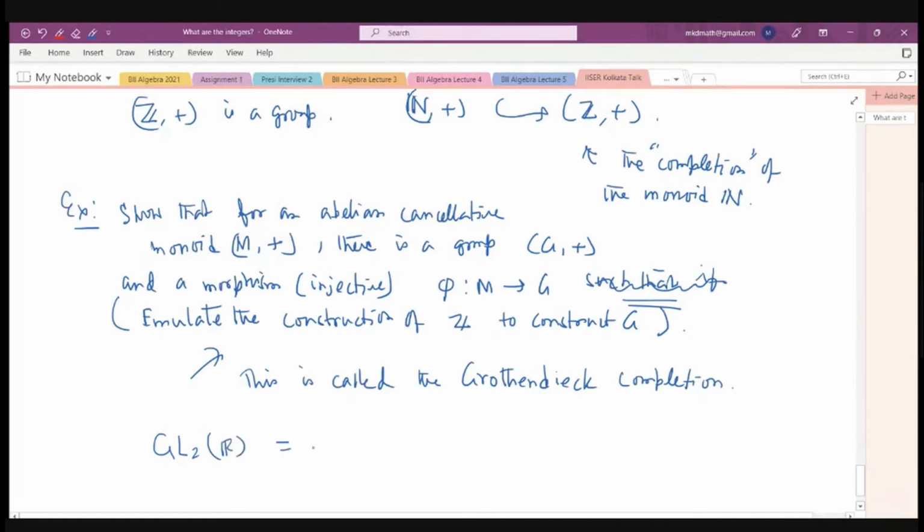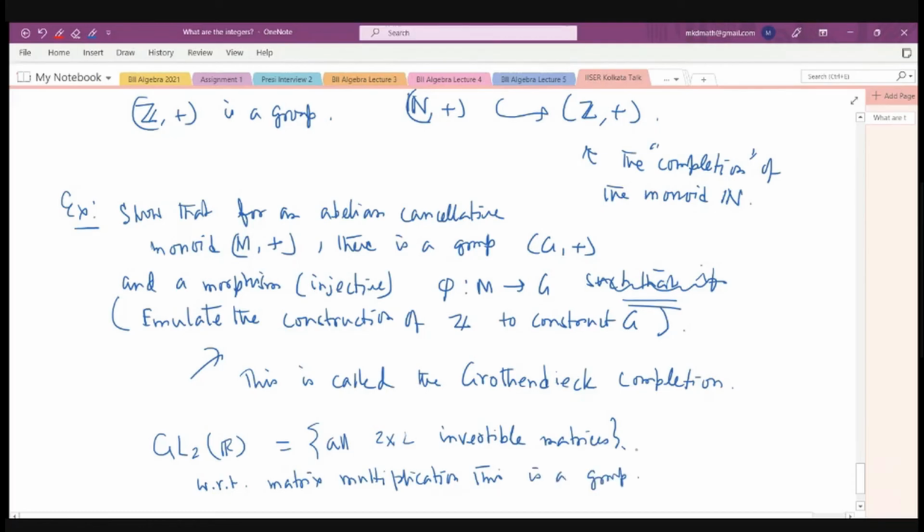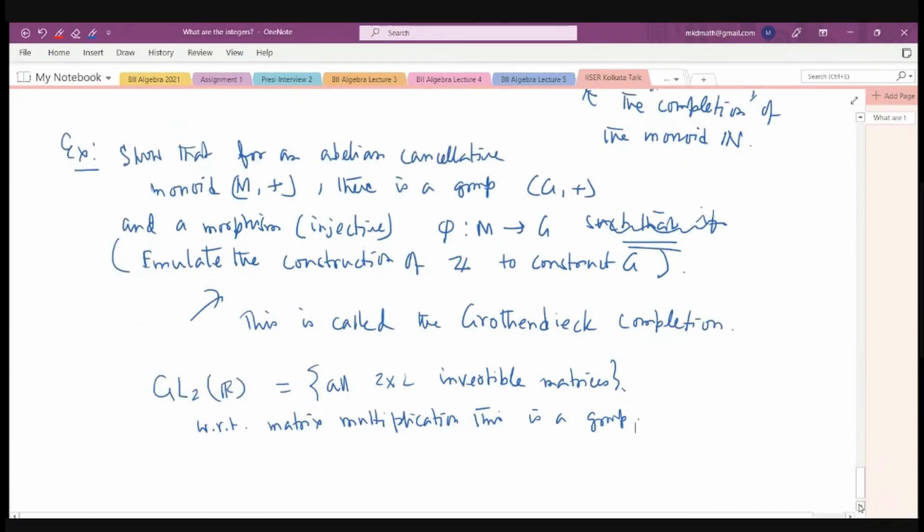These are all 2 by 2 invertible matrices, and with respect to matrix multiplication, this is a group.